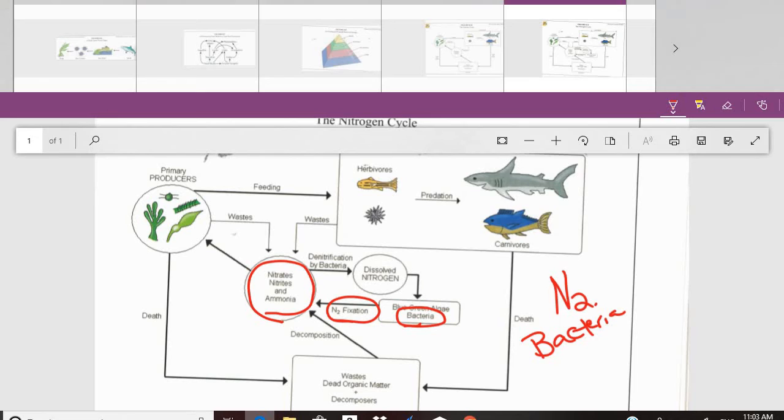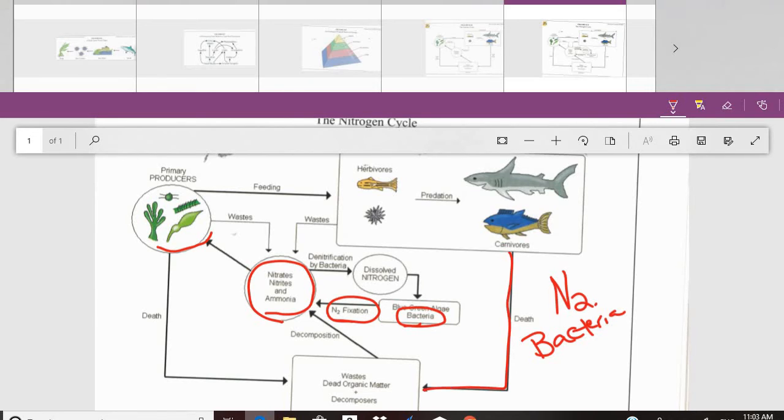The plants will use the nitrates, nitrites, and ammonia, and then the plants get eaten by primary consumers, and then those get eaten by other larger organisms, and then these eliminate waste or they die.